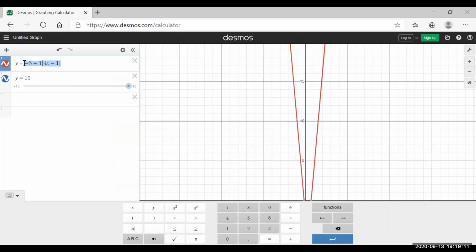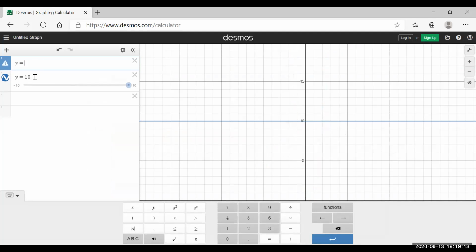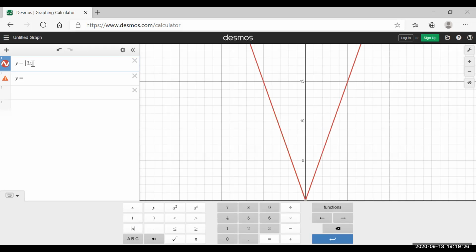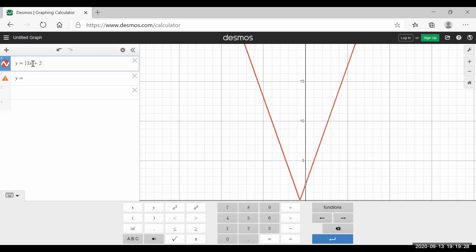And again, clear out the current equations you have. Okay, so we're going to put the left-hand side, which is absolute value, 3x plus 2. And the right-hand side is going to be 4x plus 5.